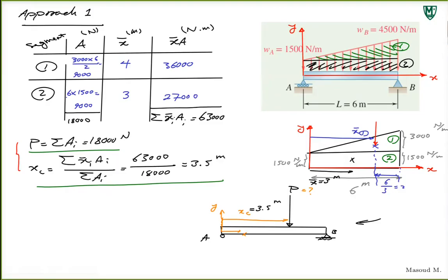You have the dimensions, you know the distributed load values. The only thing that changes is that units are different, but the procedure is the same. You find the centroid of the area and you put the concentrated load exactly where the centroid of the area is. The load itself is equal to the area under the curve.